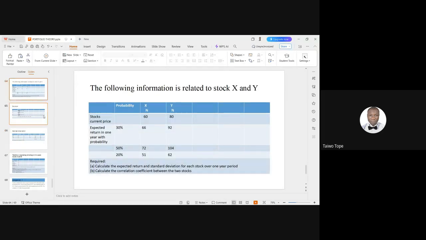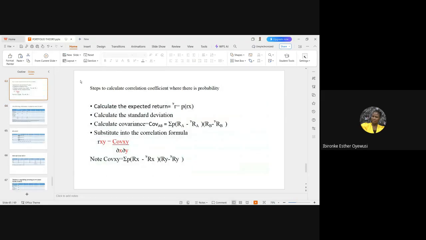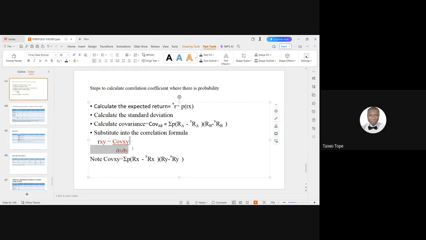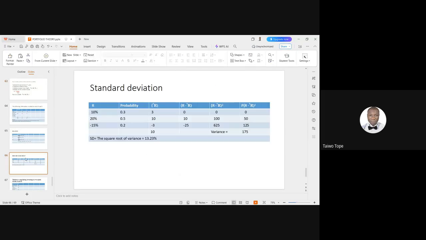For these requirements in A, you can solve for stock Y. I've solved for stock X, then you solve for stock Y. Now calculate the correlation between the two stocks. What is our formula for correlation?